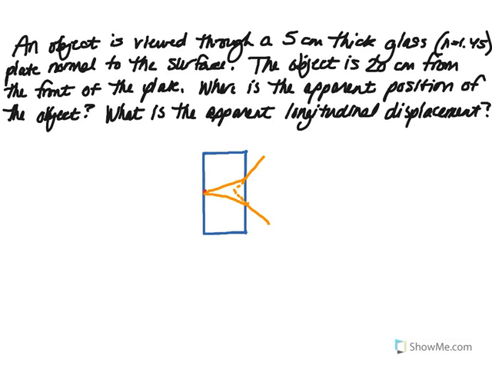And then you could consider that the back surface of the plate is now going to appear to be closer. And this distance here would be the apparent thickness of the plate.